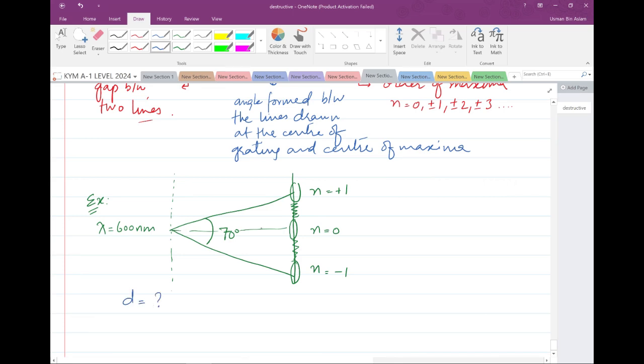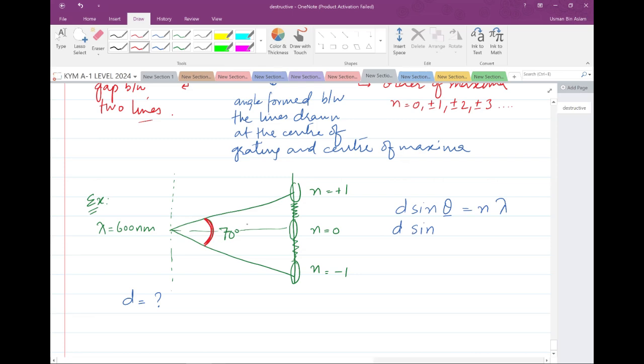So you just recall that d sine theta equals n lambda. You need to find out d, and instead of theta, what are you going to place? Now, this is a common misconception. Examiner gives you the angle between both the first order maximas, but this is not the one that has to be used in the equation.